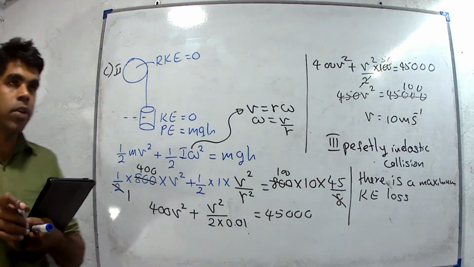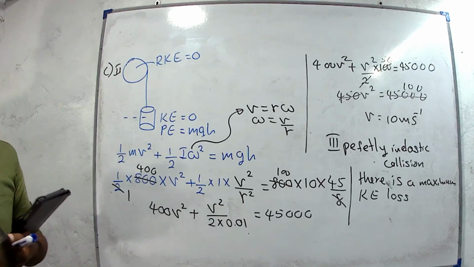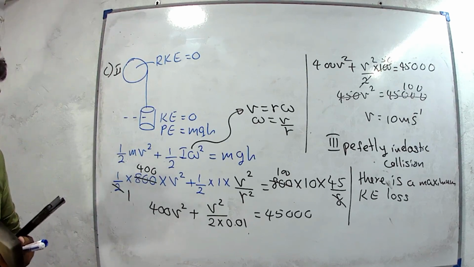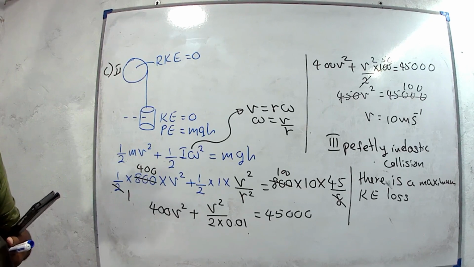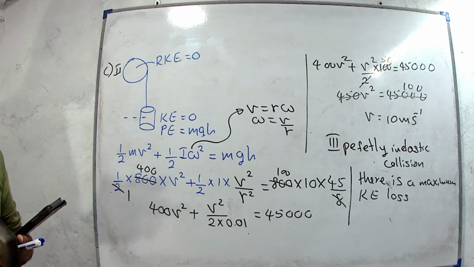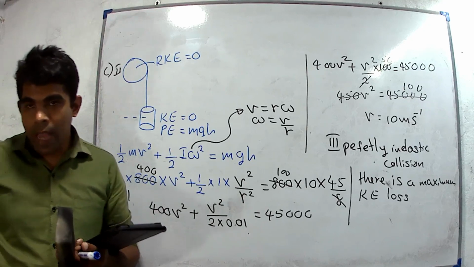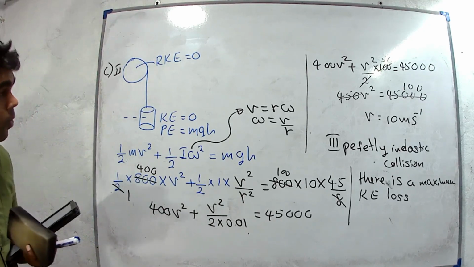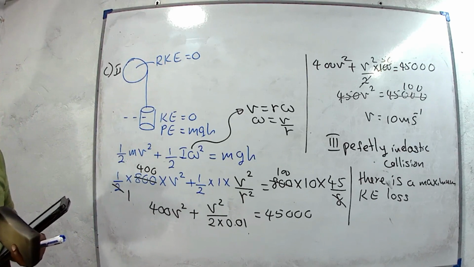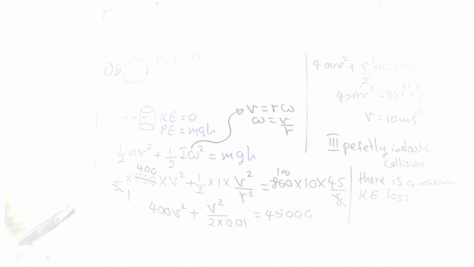If the kinetic energy loss is 0, it is an elastic collision, and for an elastic collision, objects are moving separately after the collision. But in this collision, objects are moving as a compound object. Therefore, it is an inelastic collision. It means there is a maximum kinetic energy loss.